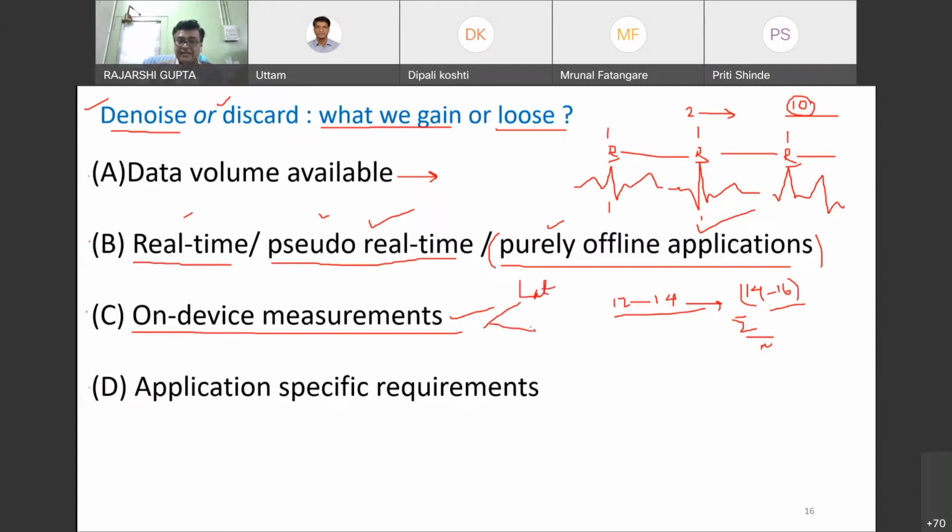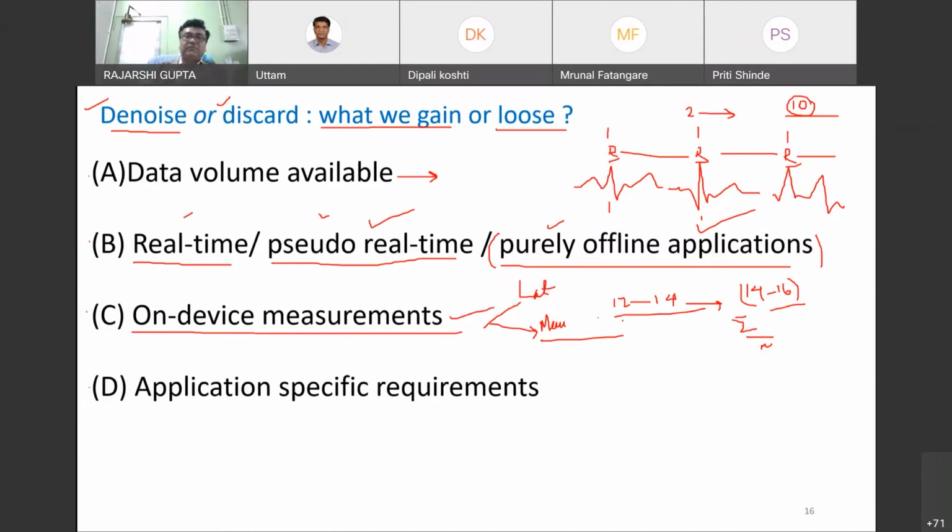Another is memory. Okay, this is a serious limitation because in on-device measurements, you are not using a full-fledged Pentium i3 or i5 processor, something like this. You are using a processor which is somewhat less capable or less powerful. And also, you can't have that GB level of memory. So naturally, you have to compromise between the memory and the latency.